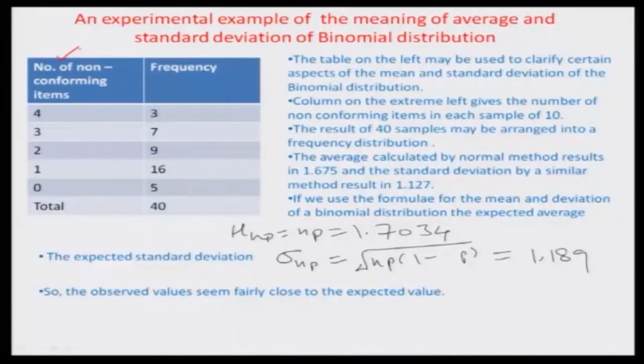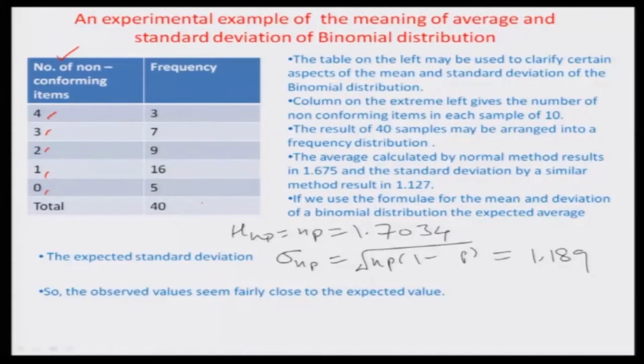So let us look at this particular case, where we are talking about the number of non-conforming items being 4, 3, 2, 1 and 0, and the frequency at which these occur. In a particular draw of 4 you could have all 4 good, or 3 good and 1 defective, 2 good and 2 defective, 1 good and 3 defective, or 0 good and all 4 defective.